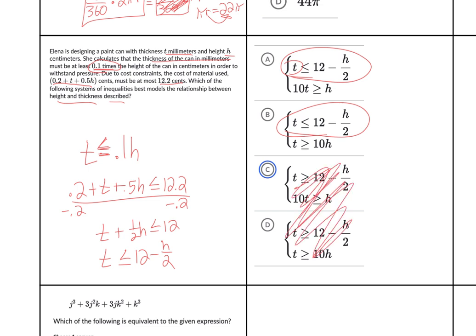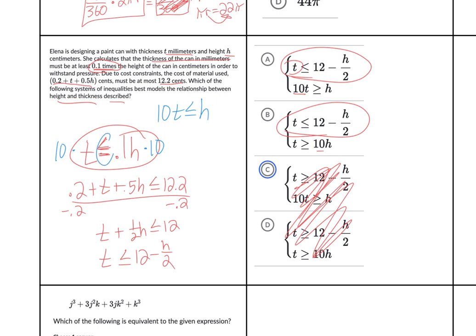So it looks like I'm deciding between A and B. So let's take a look at this one. I see a 10 though. So what I'm going to do is multiply both sides of this equation by 10. So 10t is less than or equal to 1h. And it looks like I made a mistake because I don't see that anywhere.